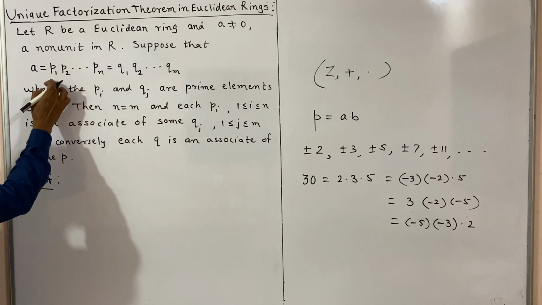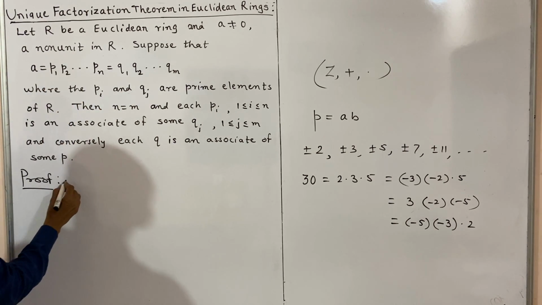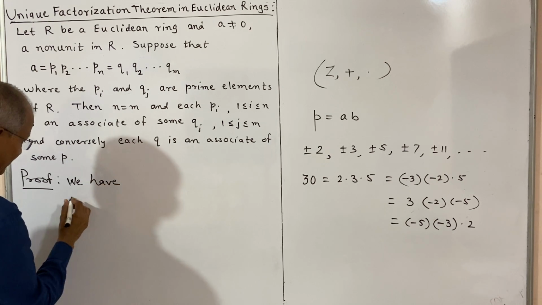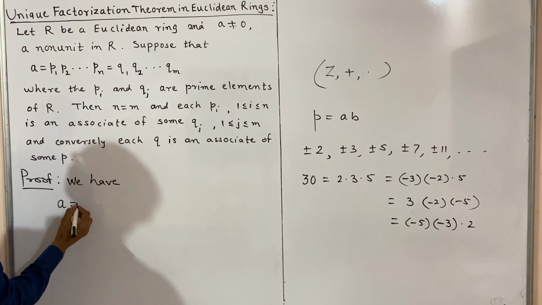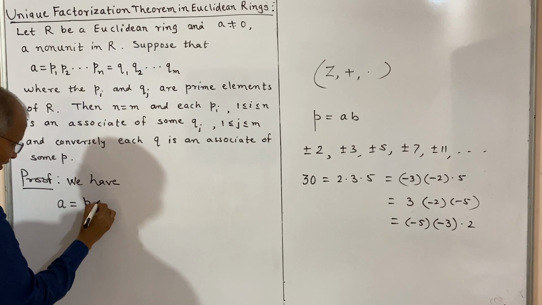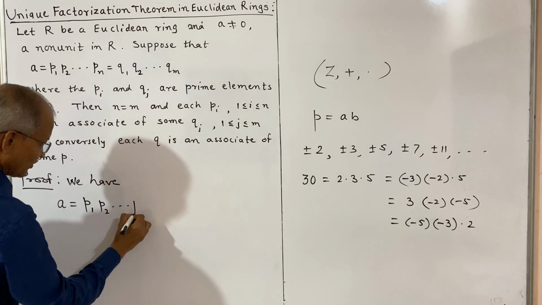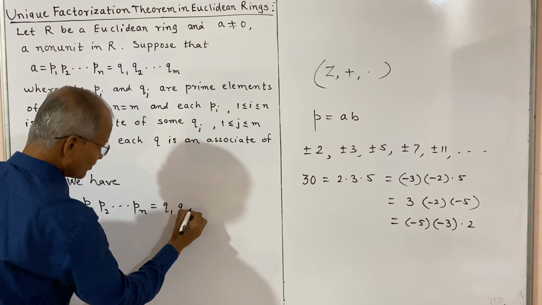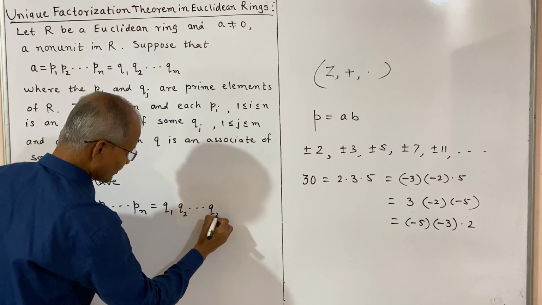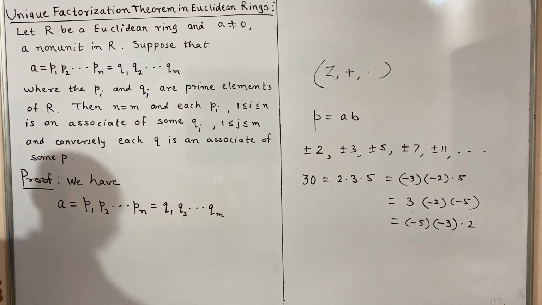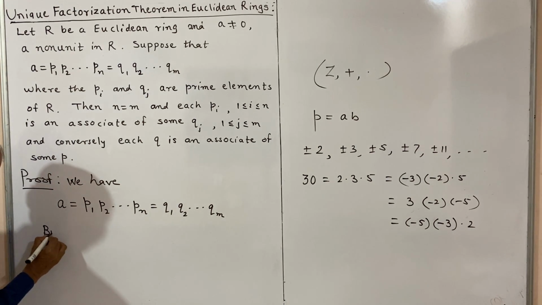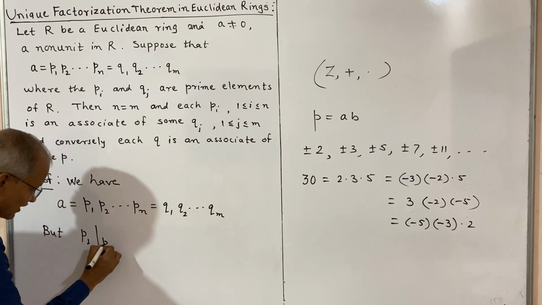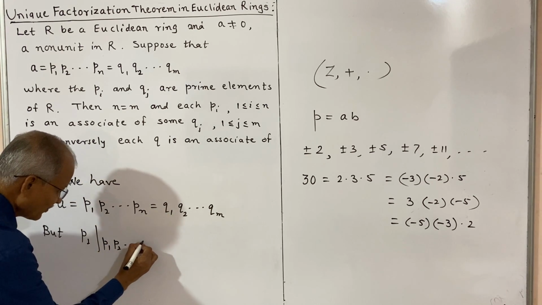So we shall consider the expression of A. It is supposed, or given, that A has the expression P1, P2, Pn equal to Q1, Q2 up to Qm. Now we have an obvious relation: P1 divides P1, P2, Pn.